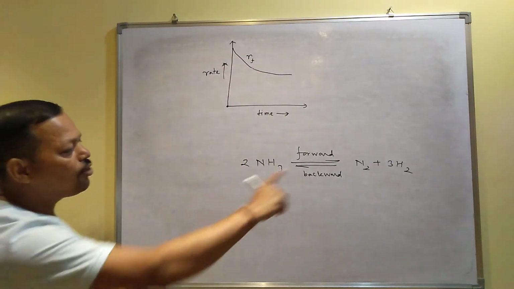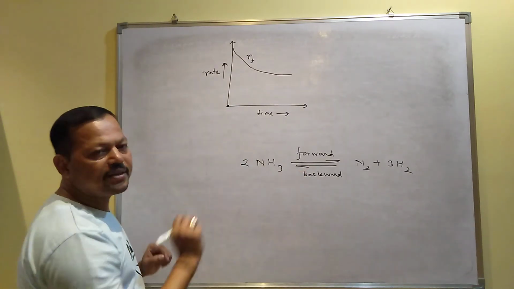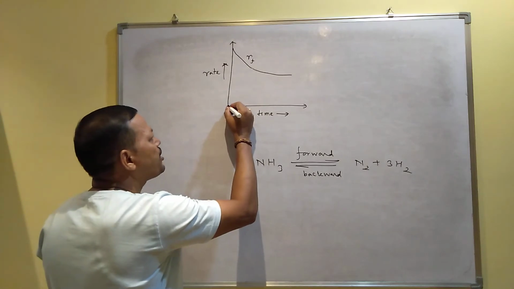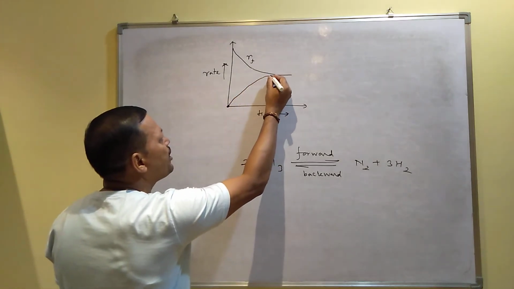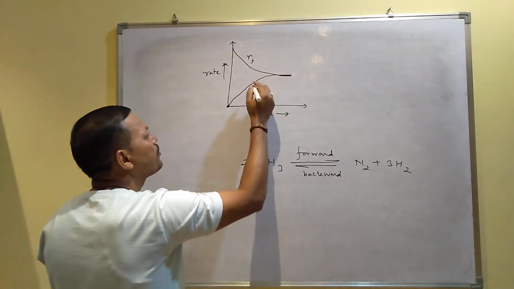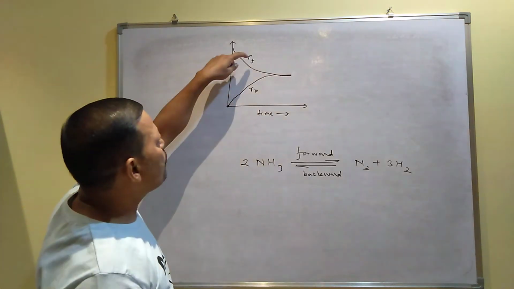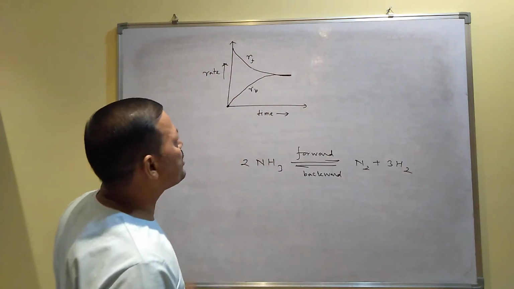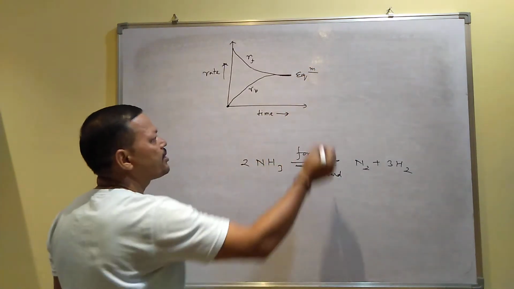And initially there will be no backward reaction, so the rate of backward reaction is 0, but as time proceeds, the rate of backward reaction goes on increasing, and at a time the rate of forward and rate of backward reaction become the same. This is for the rate of backward reaction. So when the rate of forward and rate of backward reaction are the same, then it is called the equilibrium state for the reaction.